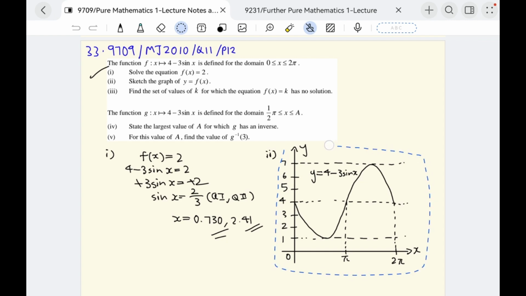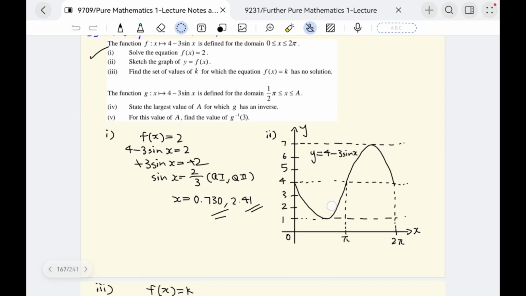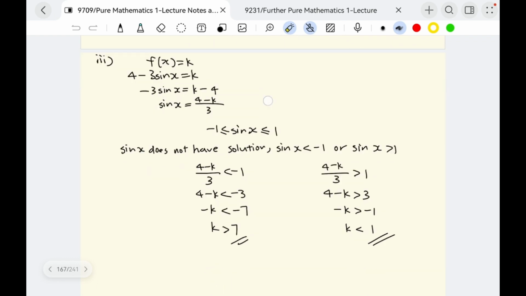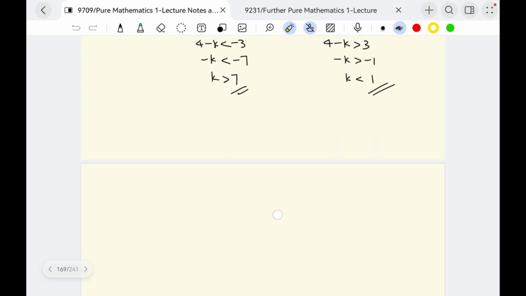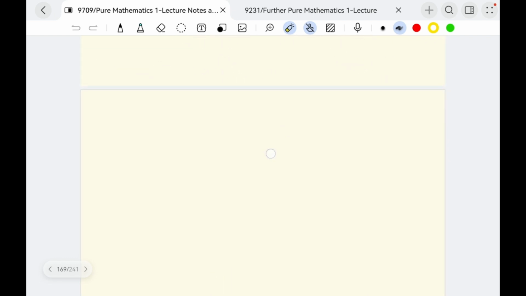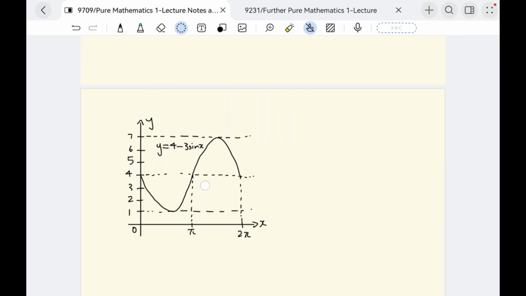For better illustration, maybe I copy the graph first to solve part 4. Part 4 is about analyzing whether g has an inverse, and you also need to state the largest value of a in order for g to have an inverse. So here's the graph.